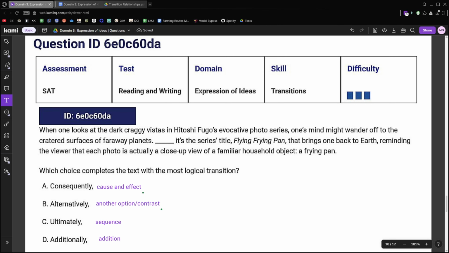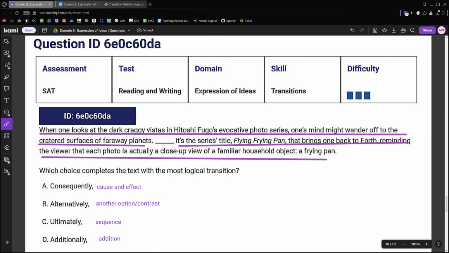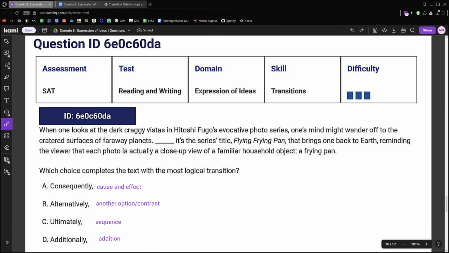All that's left now is to just start reading. So we want to read everything before the blank, and then everything after the blank, which ends up being the entire text. How exciting. When one looks at the dark craggy vistas in this person's photo series, one's mind might wander off to the cratered surfaces of faraway planets.